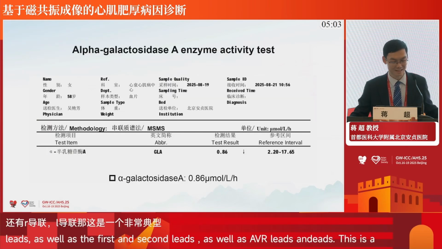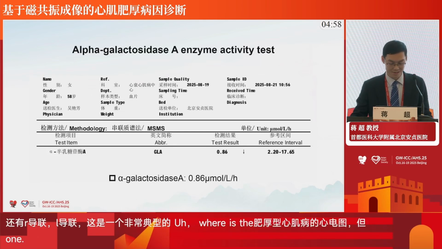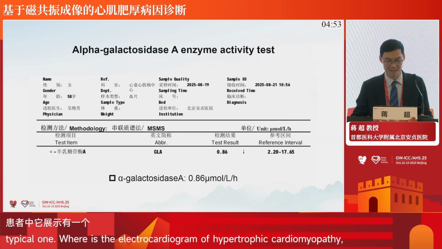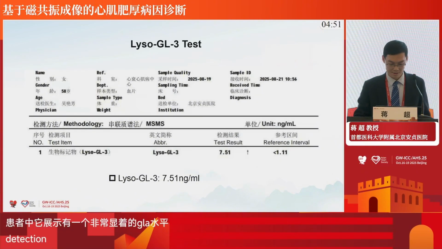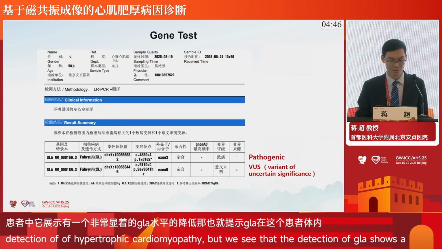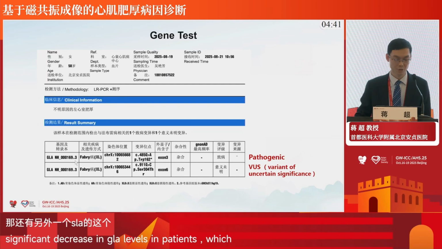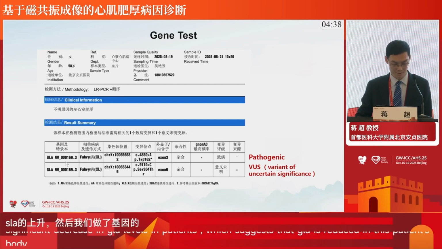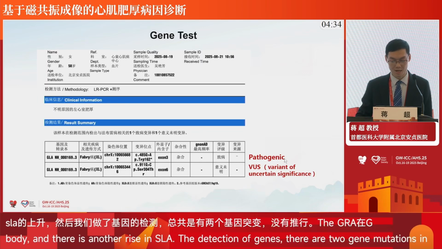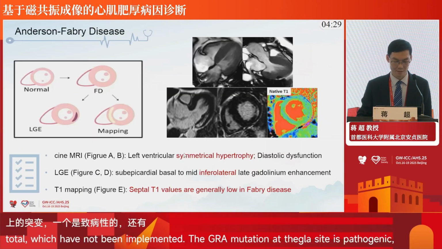But we sent the GLA enzyme test for this patient and it showed significantly reduced GLA enzyme activity, and the lyso-GL3 was significantly elevated. We also did a gene test for the patient. We found two mutations in the GLA, one pathogenic and another VUS. We diagnosed this patient with Fabry disease.